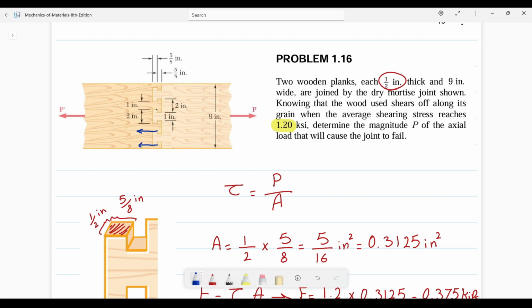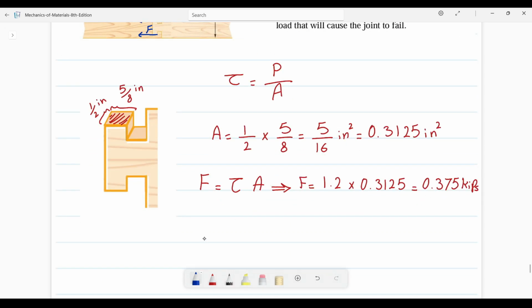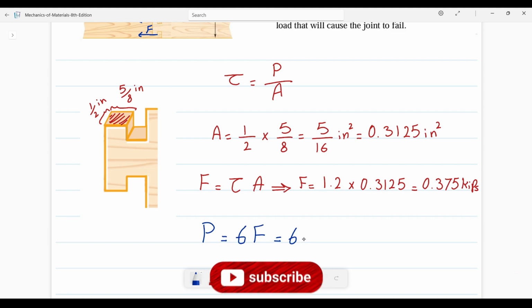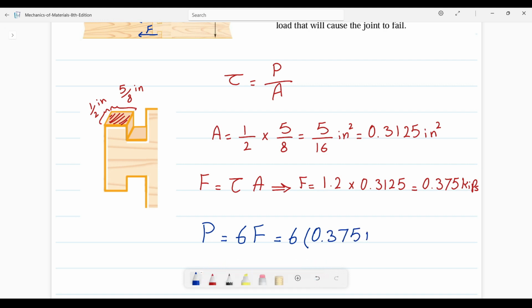It's this blue array I draw, F, F, F, F, F, F, and it means P is equal to 6F, which is equal to 6 multiplied by 0.375 kips, equal to 2.25 kips.